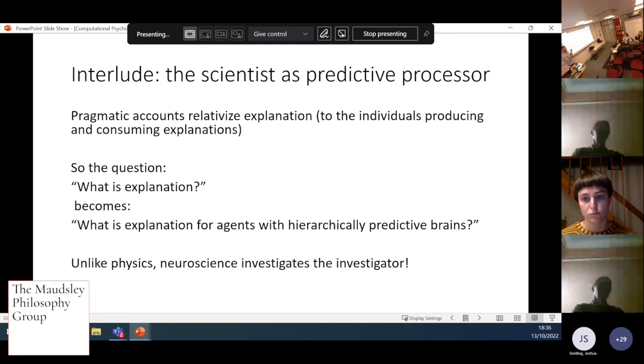So it matters what kind of cognitive being the people giving and receiving explanations are. If you take predictive processing seriously, then what is explanation becomes what is explanation for agents with hierarchically predictive brains. So for example, unlike physics, neuroscience investigates the investigator.